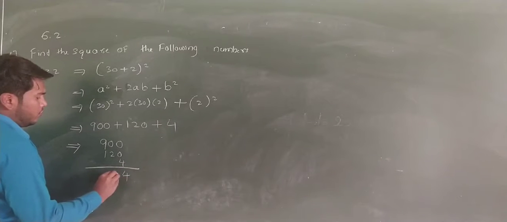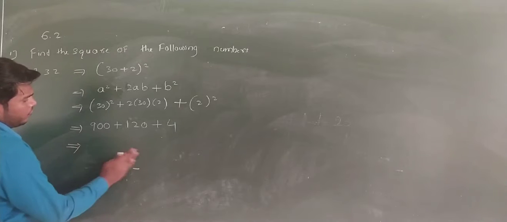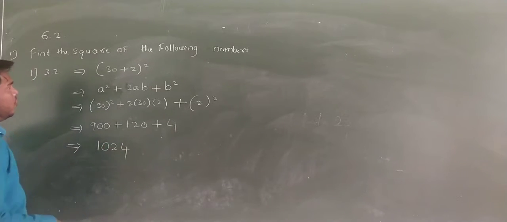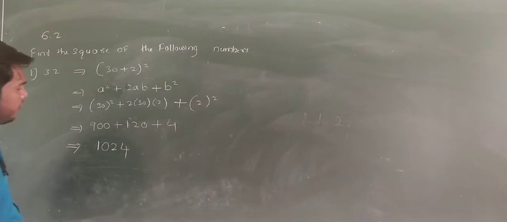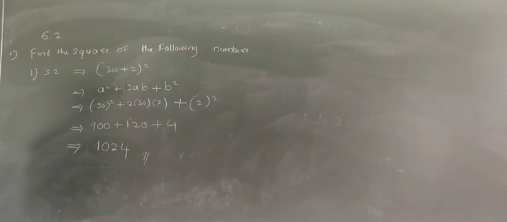Now adding these numbers, 900 plus 120 plus 4, we get 1024. So (30 plus 2) whole square, the required answer, is 1024. The remaining examples of squaring the following numbers you have to solve by yourself.